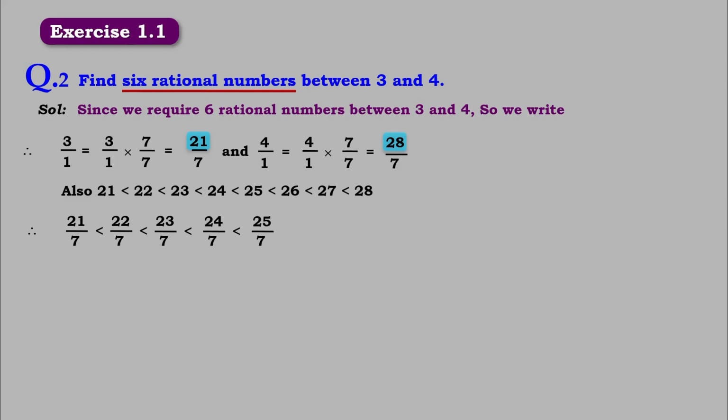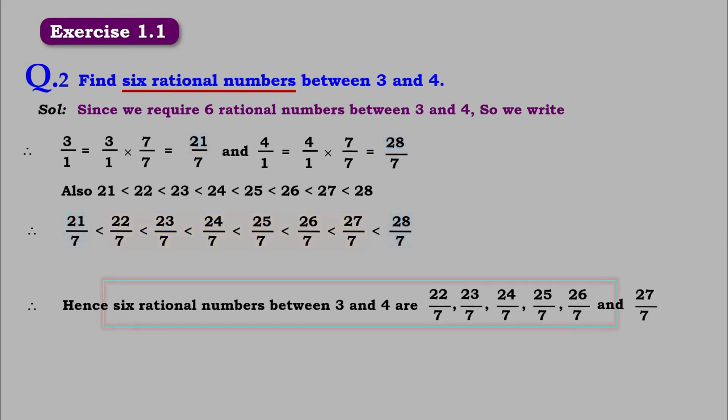So these are the 6 rational numbers between 3 and 4. We have to exclude 21 by 7 and 28 by 7, since we have to find the in-between numbers of 3 and 4.